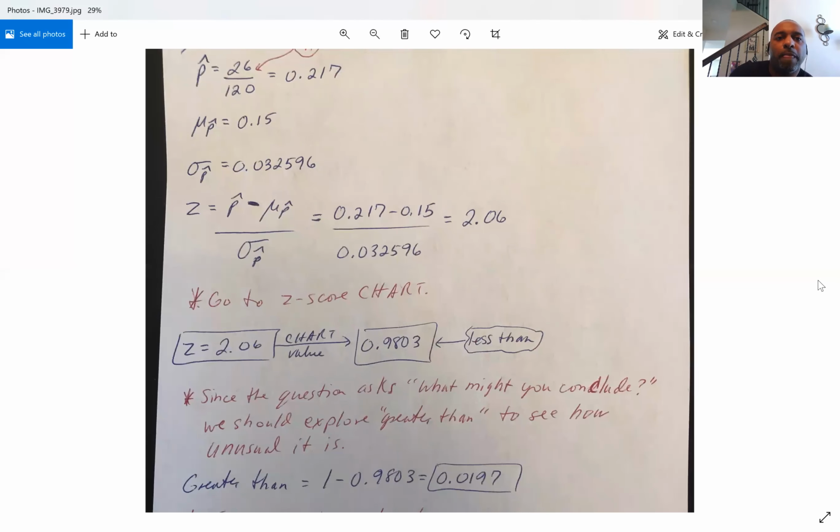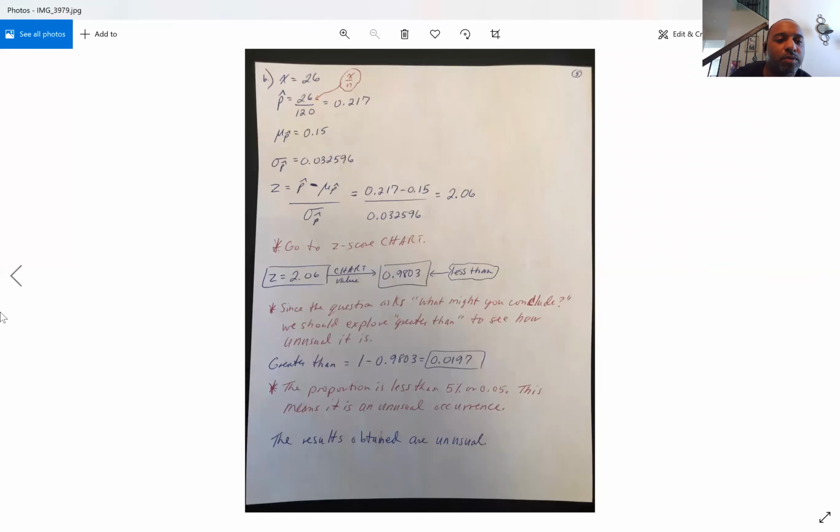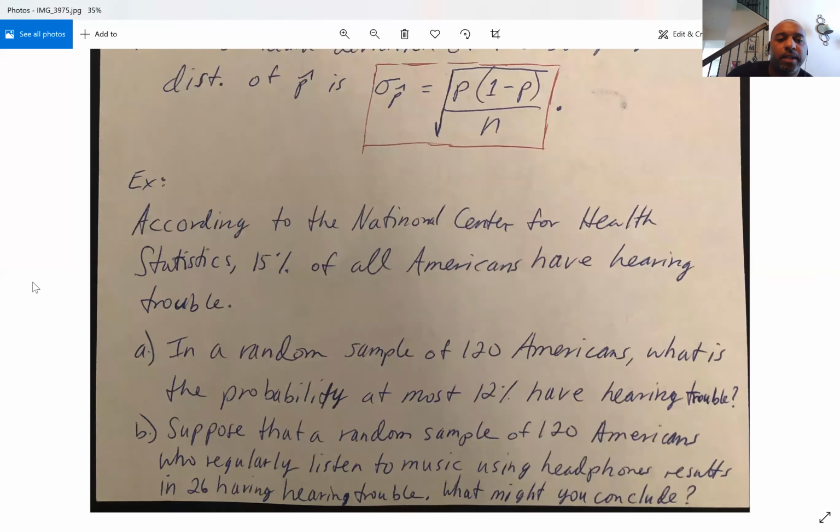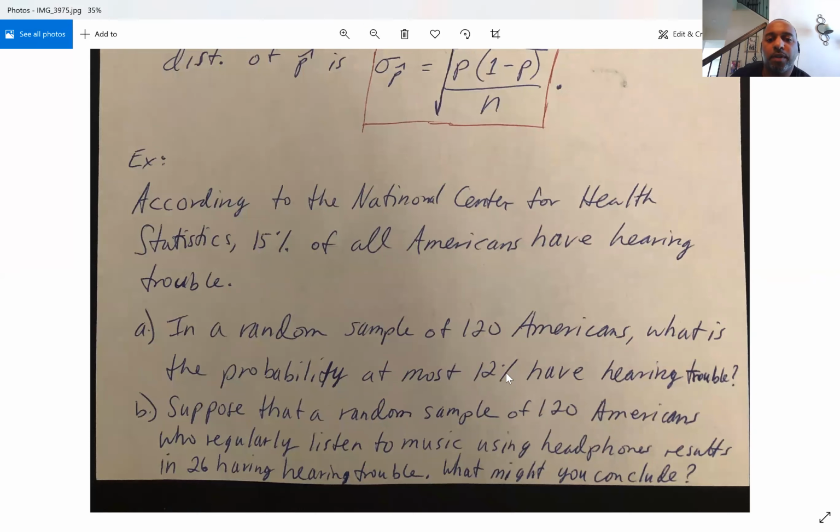Now let me go back and show you the difference in the two problems. Going back to A and B, A gave us P hat as 12%. B didn't give us the percentage or the proportion. It gave us the sample size and the characteristics, so we're going to have to calculate P hat first.